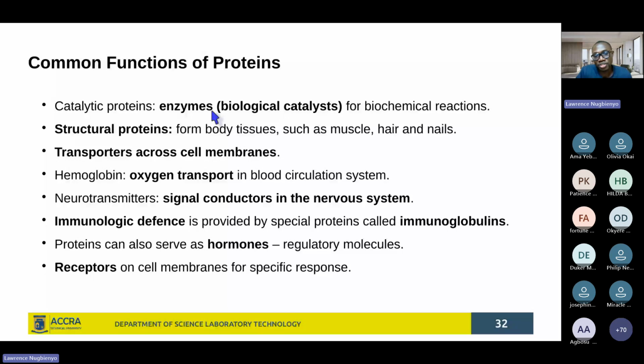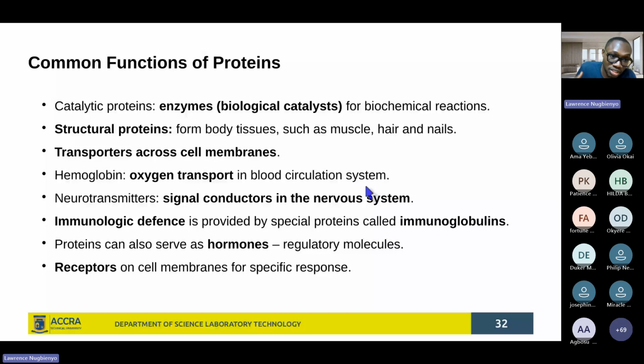You can also have proteins being structural proteins, forming body tissues, like you have maybe keratin in the hair, the nails, collagen, maybe in the cartilage, giving some cushioning to the joints.